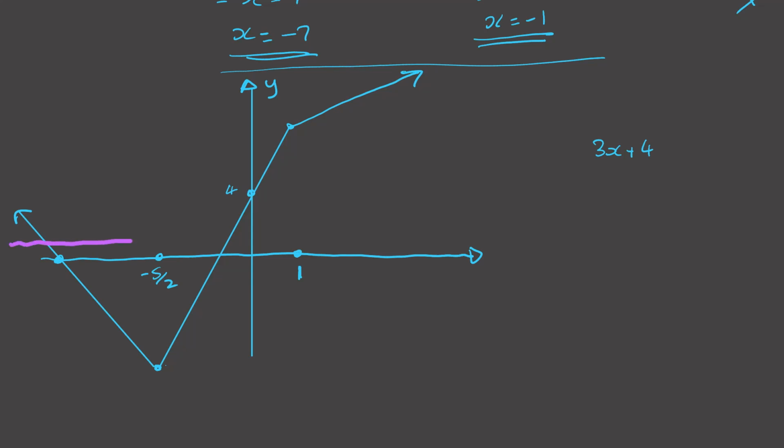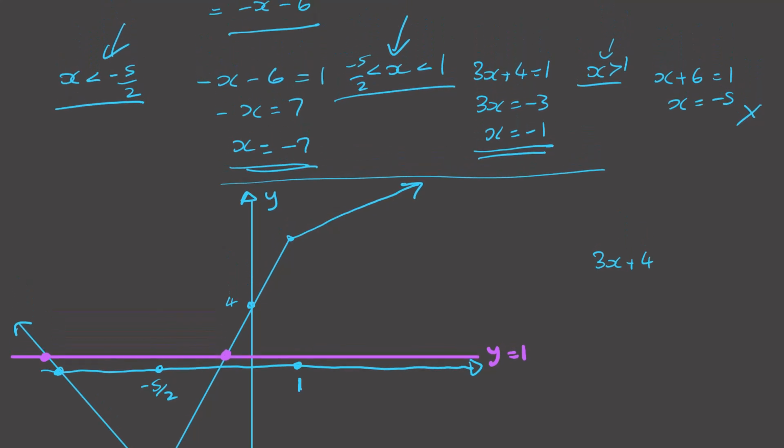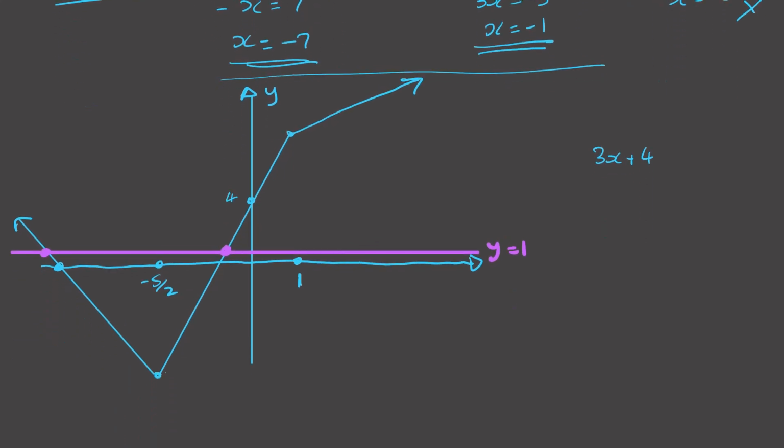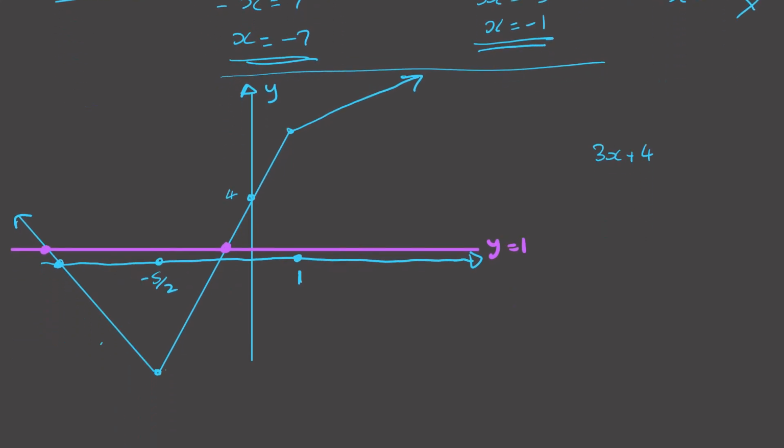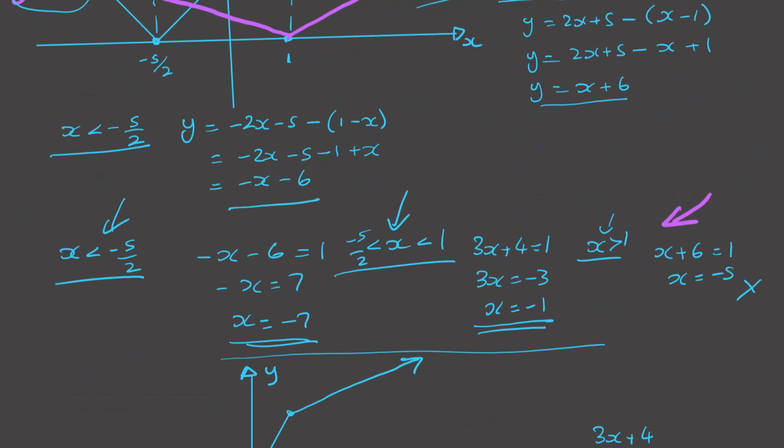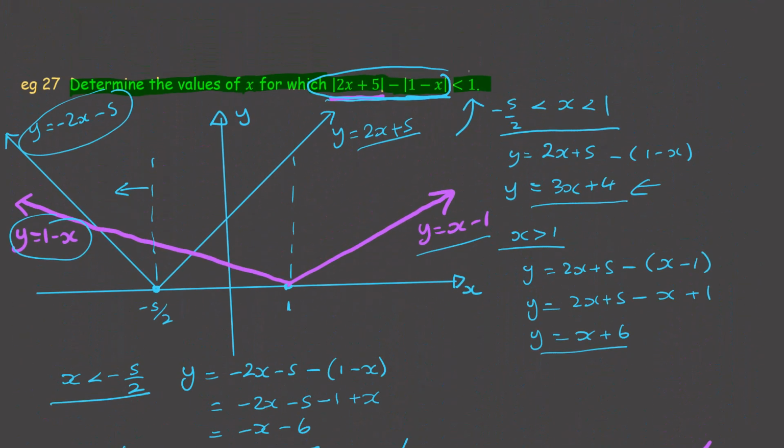And then if I draw y equals 1 onto here, we can see that we get two intercepts. One of them in the region less than negative 5 over 2, one of them in the region negative 5 over 2 to 1, which is what we found with the analysis here, which is why you actually don't need the sketch. But now that we have that, we're looking for the modulus graph to be less than 1.